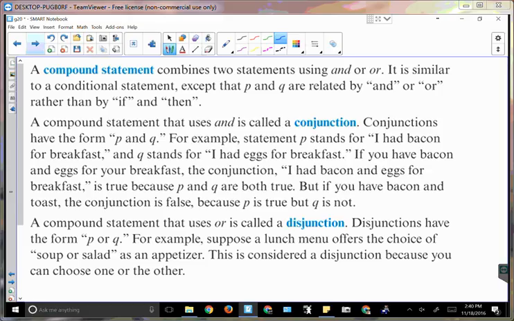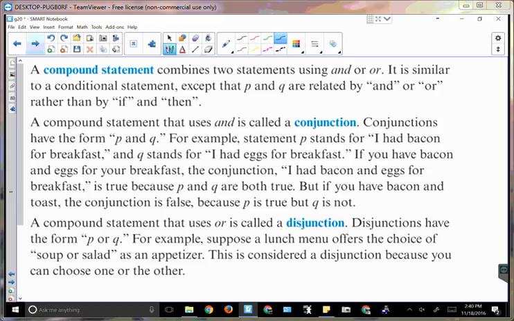Now we are going to be talking about compound statements. A conjunction means and, a disjunction means or. Now we just said it a few minutes ago that and is you get both, right? If I had eggs and bacon for breakfast, what did I have for breakfast?